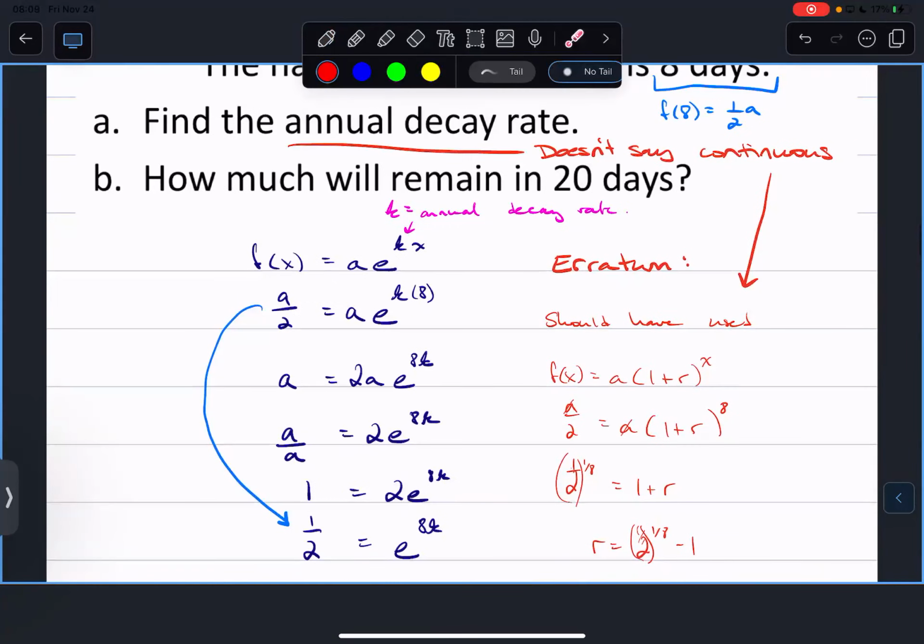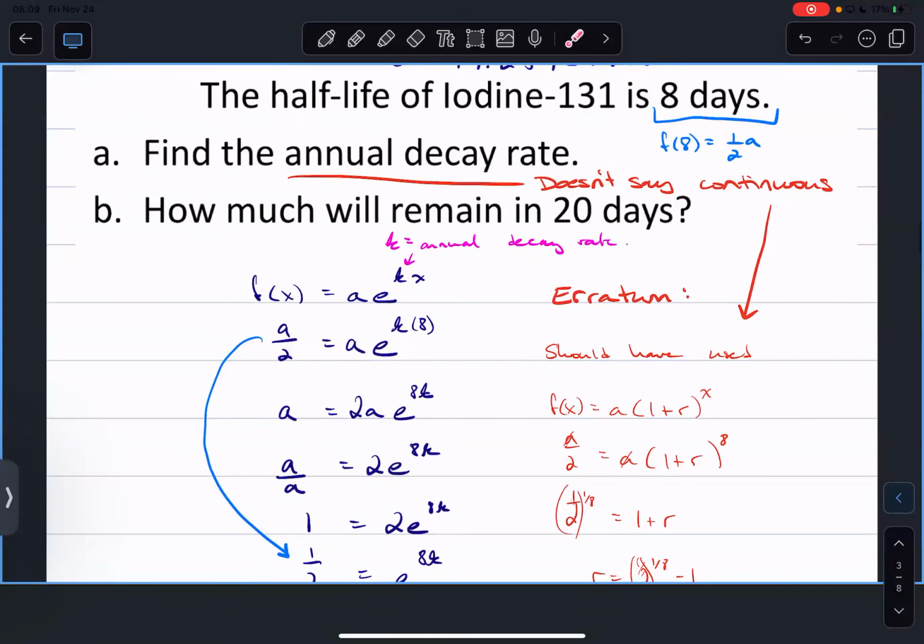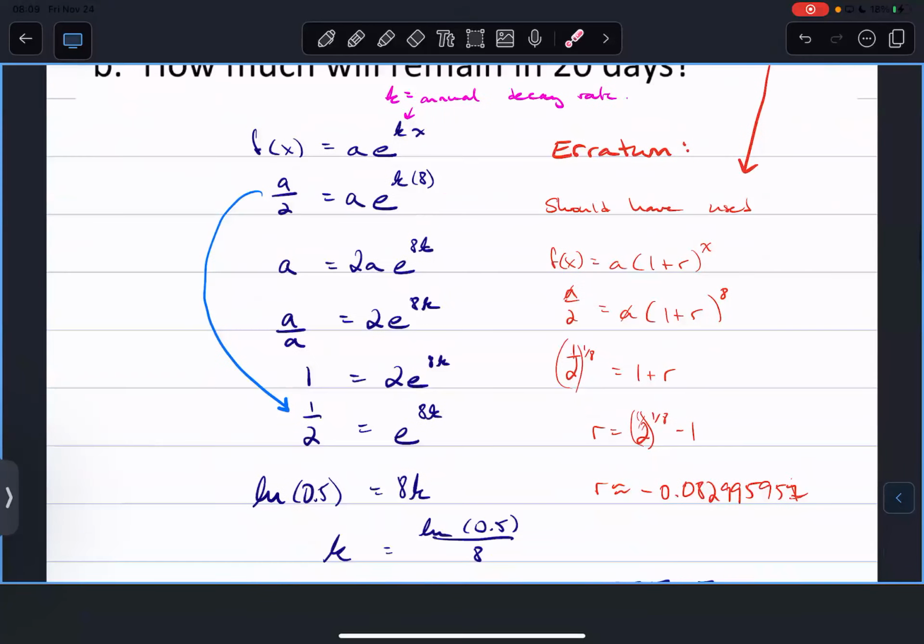Okay. And so, well, that's what threw me off, is that they're always annual rates that we're talking about. And so even the continuous rate is annual, but it's just the flat r, which means that you don't have to divide r by however many times it happens per year.